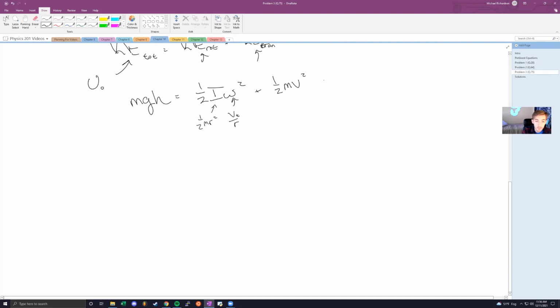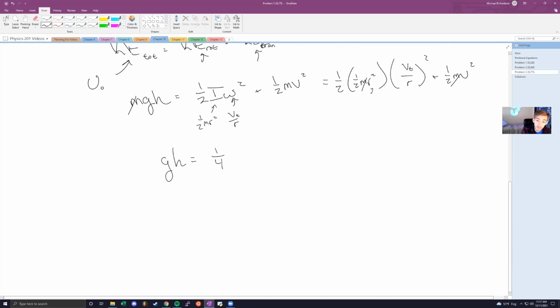So let's actually make that substitution. We get this is 1/2 times 1/2 mr squared, and then our omega, which is v_t over r, squared, plus 1/2 mv squared. Before we even do anything else, I am just going to cancel out these masses because we do not need them anymore. So this turns into gh equal to 1/4.